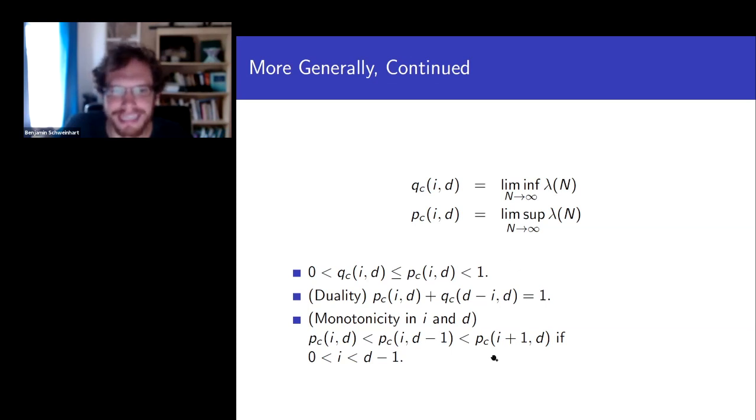In some sense, this says that having a sharp threshold function is equivalent to duality between PC of i-D and PC of D minus i-D. And then we can also show that the PCs are monotonic in the dimension. If we reduce the dimension, our critical threshold is higher. That makes sense. Or if we increase the dimension of the homology, our threshold is higher, which also makes sense.